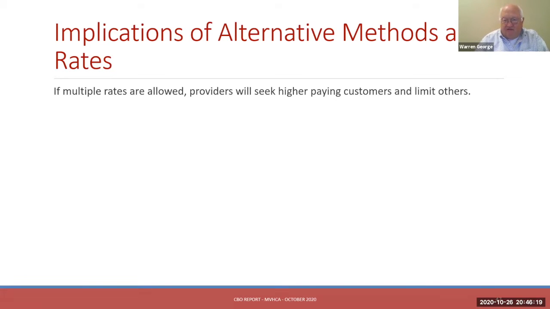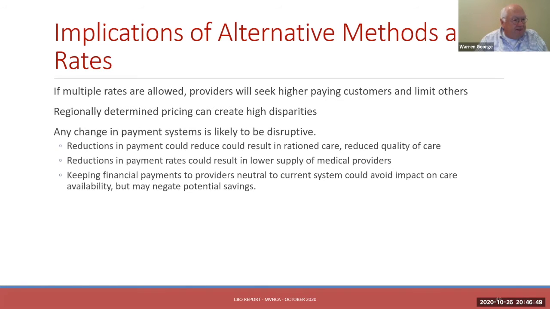But there is plenty of evidence that it happens. Regionally determined pricing can create high disparities based on factors other than healthcare. Certainly, we've seen political manipulations of some states getting higher Medicaid reimbursement than other states, for instance, in setting the rates administratively.